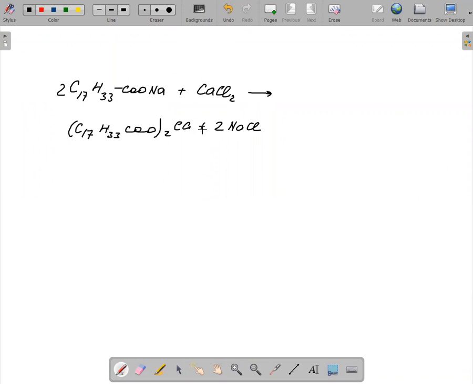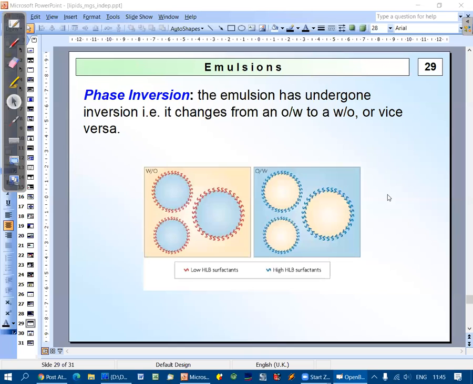So as a result, it was hydrophilic, but became hydrophobic. We changed the type of stabilizer, and the direct emulsion will turn into the reverse emulsion. This process is called phase inversion.